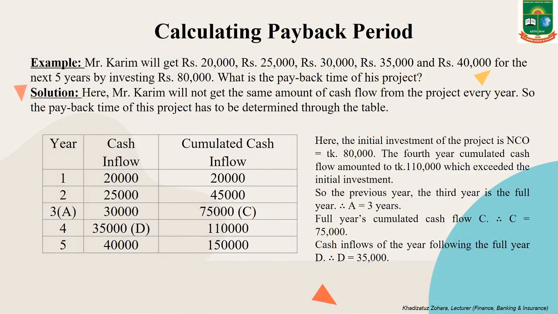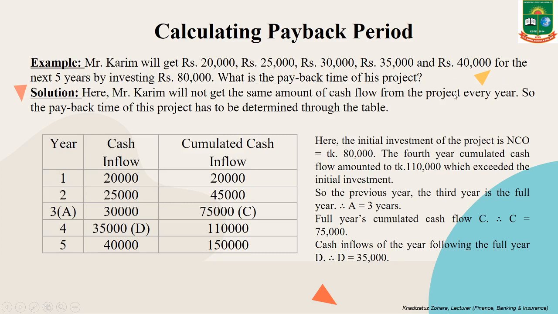Let's see another example. Mr. Karim will get taka 20,000, 25,000, 30,000, 35,000, 40,000 for the next 5 years by investing 80,000. What is the payback period of his project?